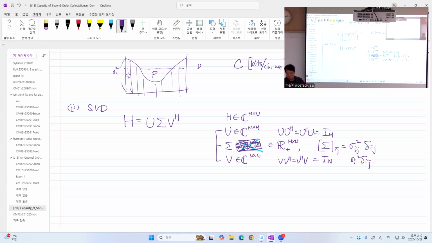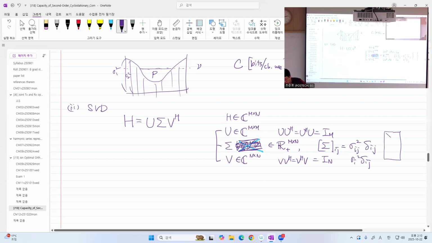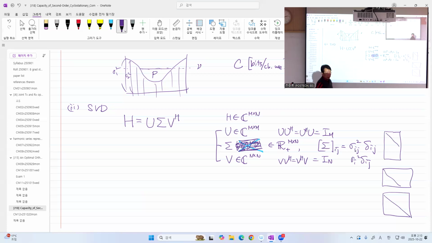Got it? So sigma square looks like something like this, or if it is square, then something like that. By the way, this diagonal line means possible non-zero values, and all the other off-diagonal entries are zeros.